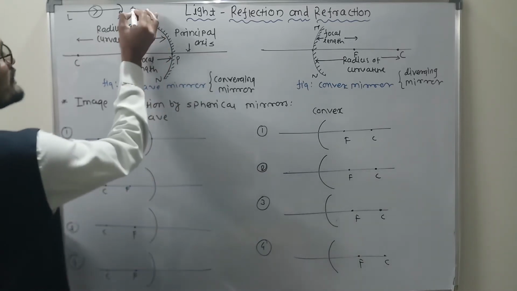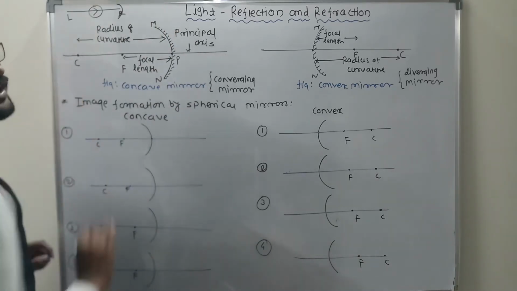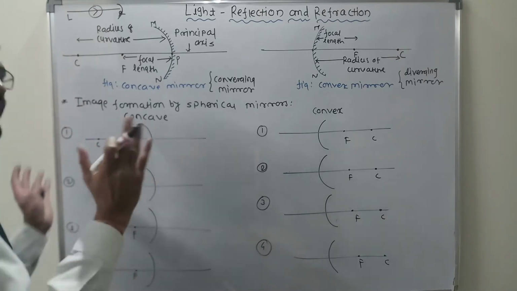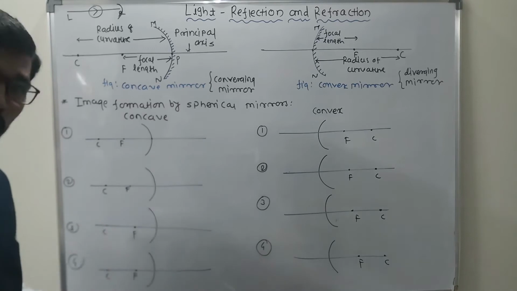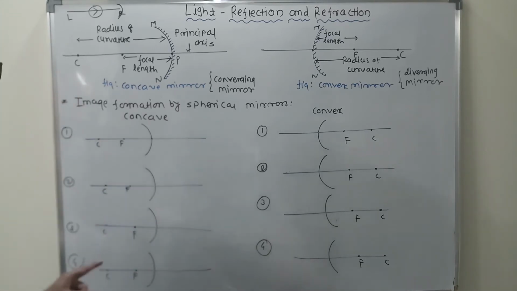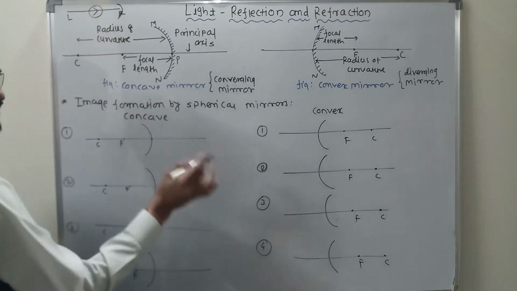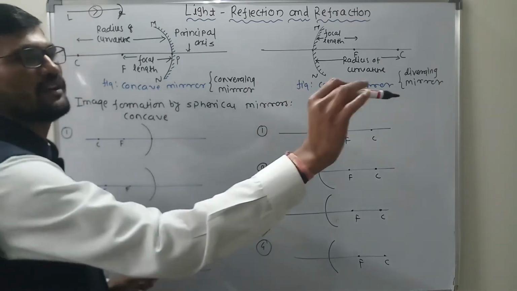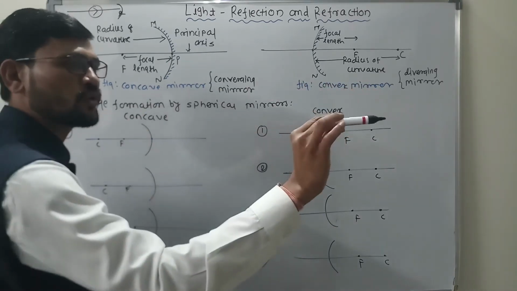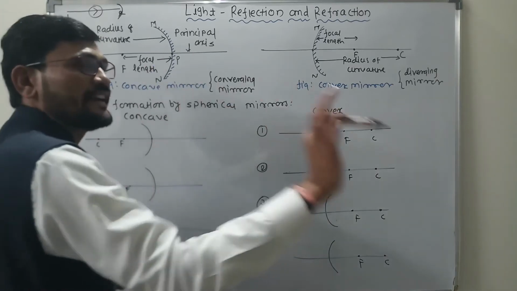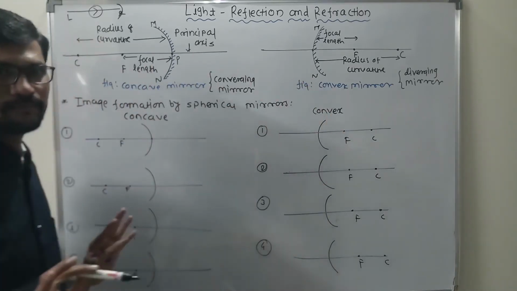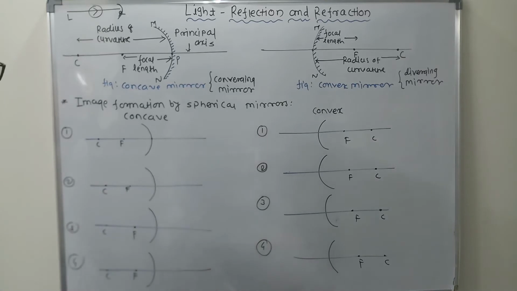Clear? You cannot incident light from right to left. Otherwise there are many things to be considered, it will get reversed and it becomes very complicated. So students, always remember that whenever the mirror is taken, light has to travel in that direction. From left to right, not from right to left. Always left to right. Clear? Very good. Hope you understood now.